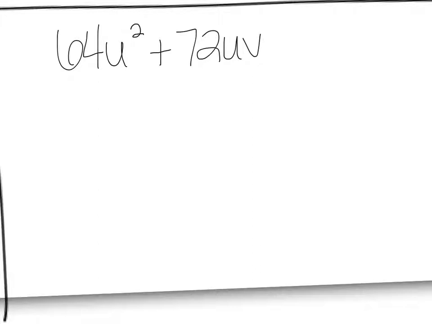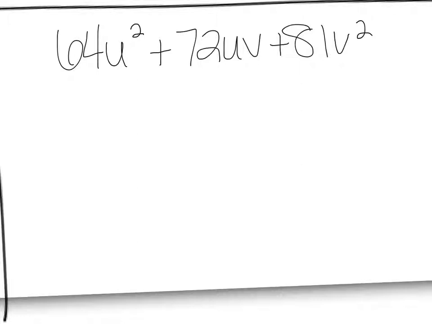Last one. 64u squared plus 72uv plus 81v squared. I want you guys to work that one out on your own. We are always going to start with the greatest common factor. Between 64u squared, 72uv, and 81v squared, do I have a common factor? How many terms? Do I have a square in the front, square in the back? I do.